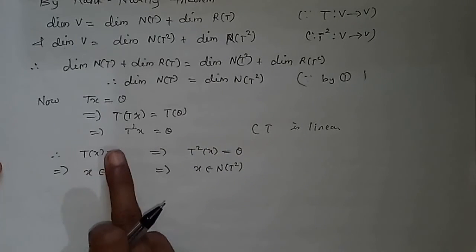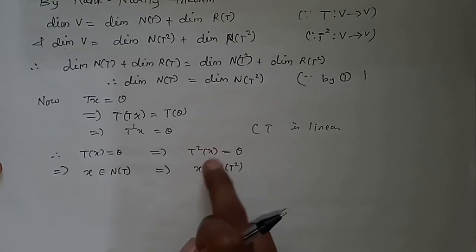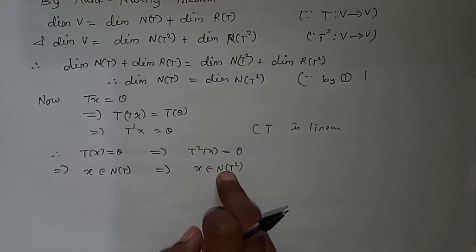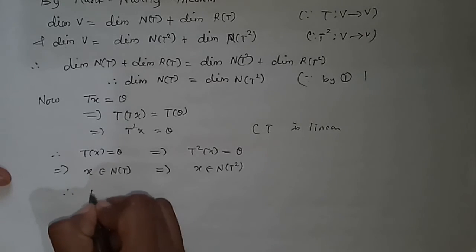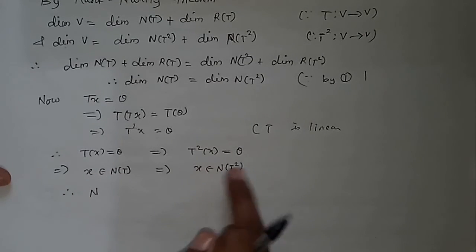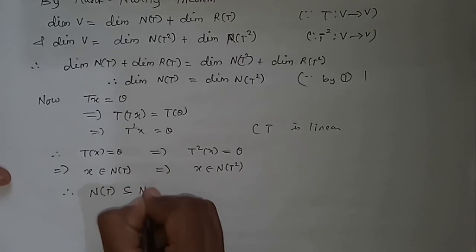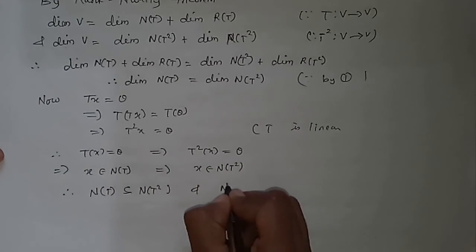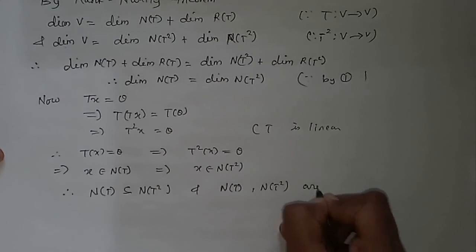From this we conclude that x belongs to nullity of T, and x belongs to nullity of T square. This means nullity of T is a subset of nullity of T square, and both are subspaces of V.